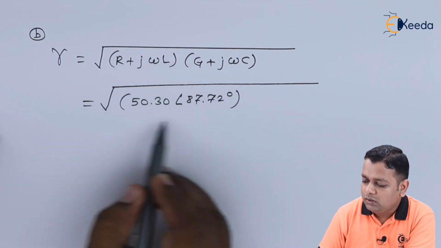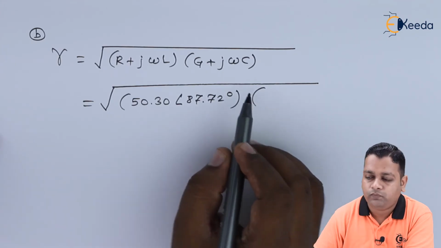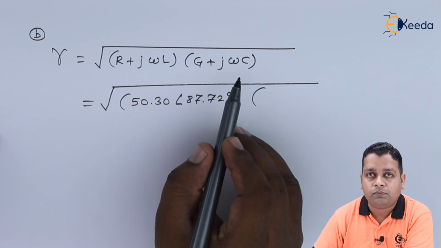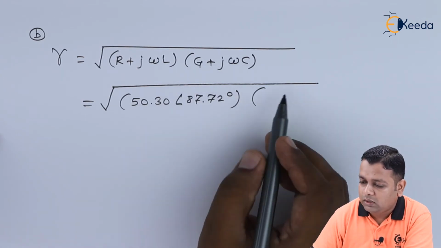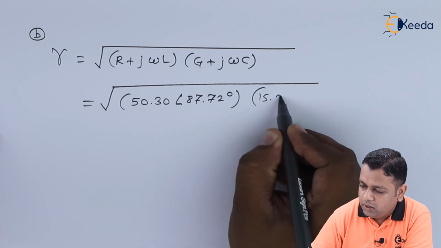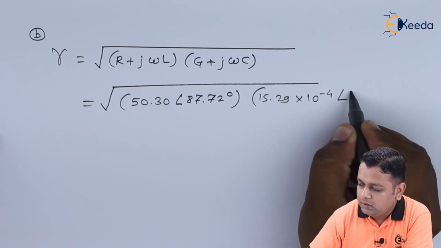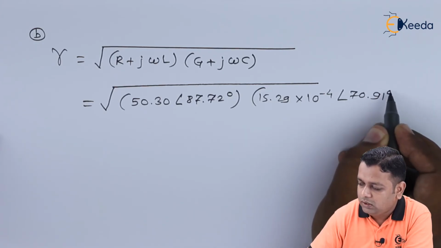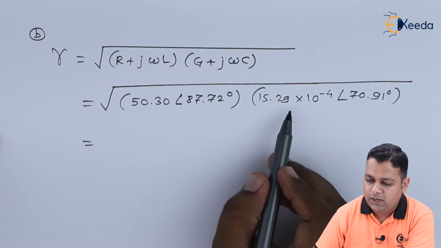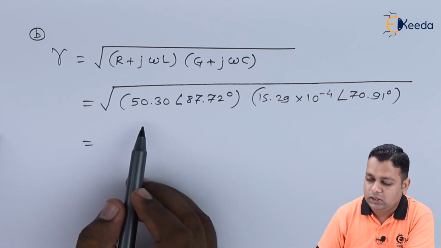In polar form this is multiplied by the substitutions for G and C, as in the previous portion, which gives 15.29 into 10 raised to the power minus 4. The angle is 70.91 degrees.